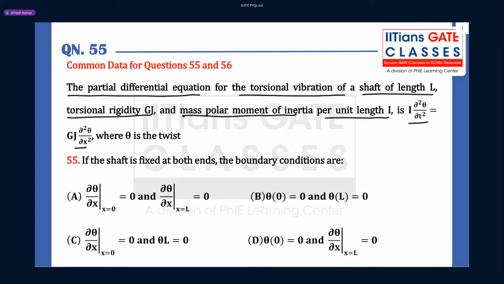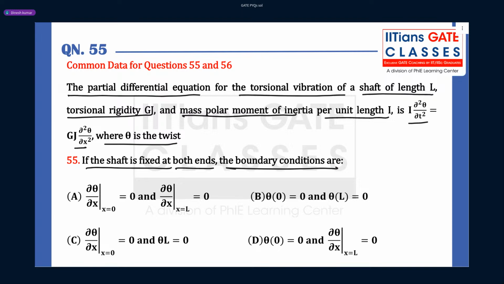This is the governing differential equation, where θ is the angle of twist. In question number 56, it is asked: if the shaft is fixed at both the ends, the boundary conditions are.